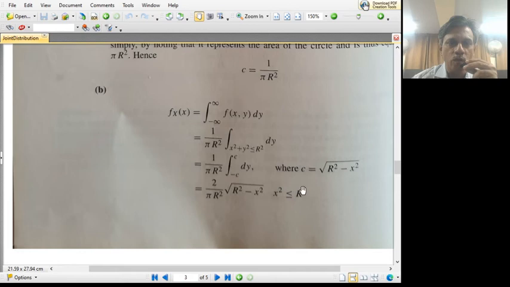So 2 into the value of c, which is root of r squared minus x squared, divided by pi r squared. This is within the region x squared less than or equal to r squared, that is, x lies between minus r to plus r. So this would be the marginal density function. So you note that x is not uniformly distributed between minus r to plus r.